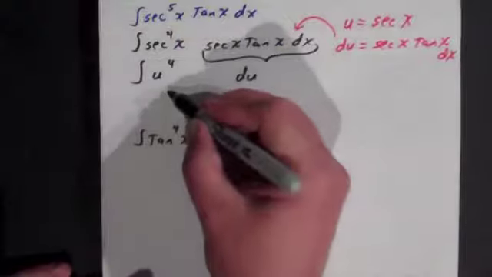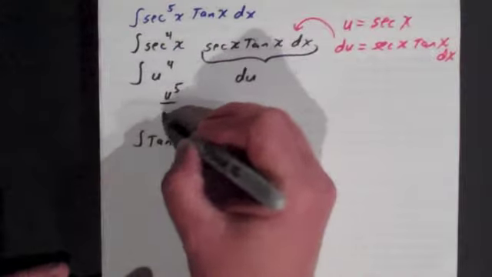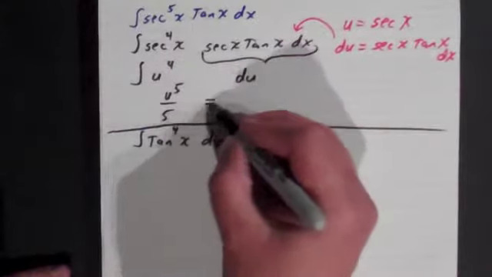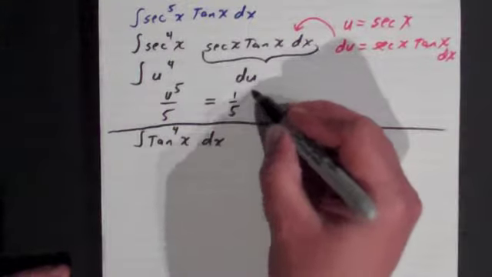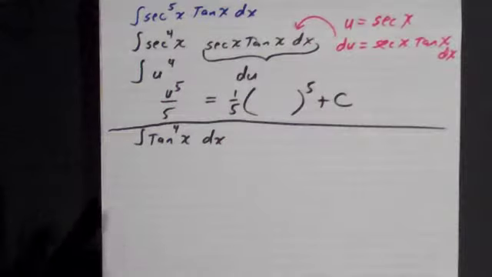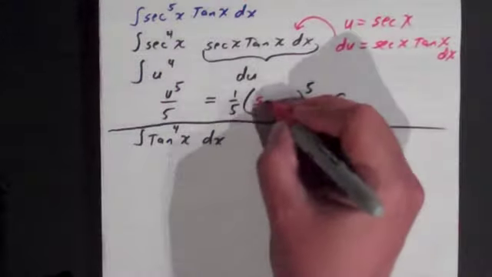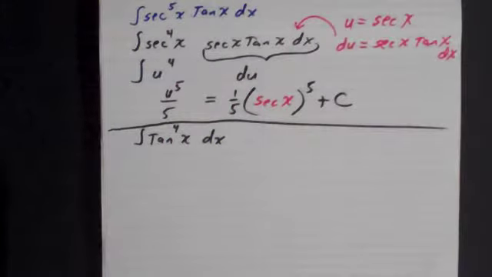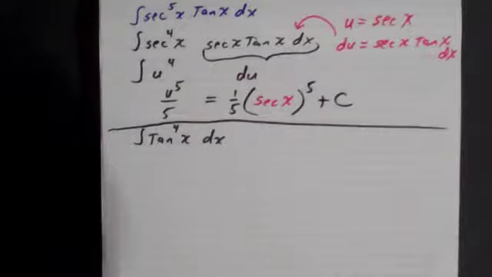So I would raise it to the 1 higher and divide by the 1 higher, which would be 5. So this is equivalent to 1/5 u to the fifth plus c. This time u is secant of x. That one wasn't as straightforward because you had to pull a secant off.